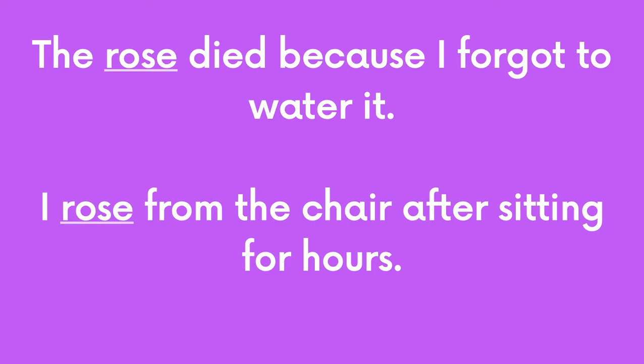We're talking about a past event. At some point, I rose or stood up from the chair after sitting for hours. Okay, so in the second sentence, rose is being used as a verb, and it is the past tense of the verb to rise.